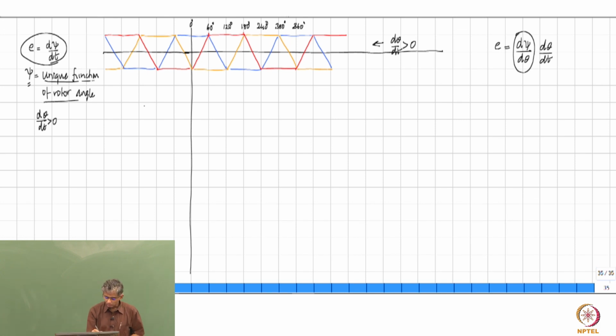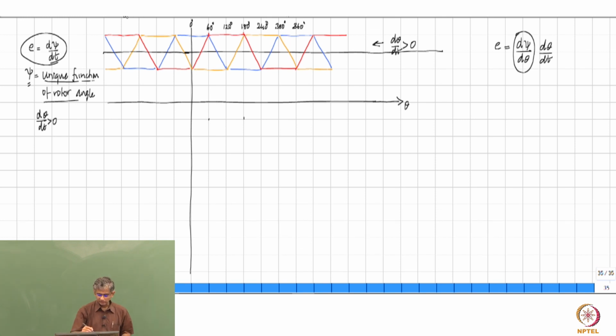Then how will we draw the flux linkage waveforms? How will you draw the flux linkage waveform during this interval? Flux linkage should be linearly increasing with respect to rotor angle. So now what I am going to do is plot this with respect to rotor angle, because we are just going to multiply that by d theta by dt, right?